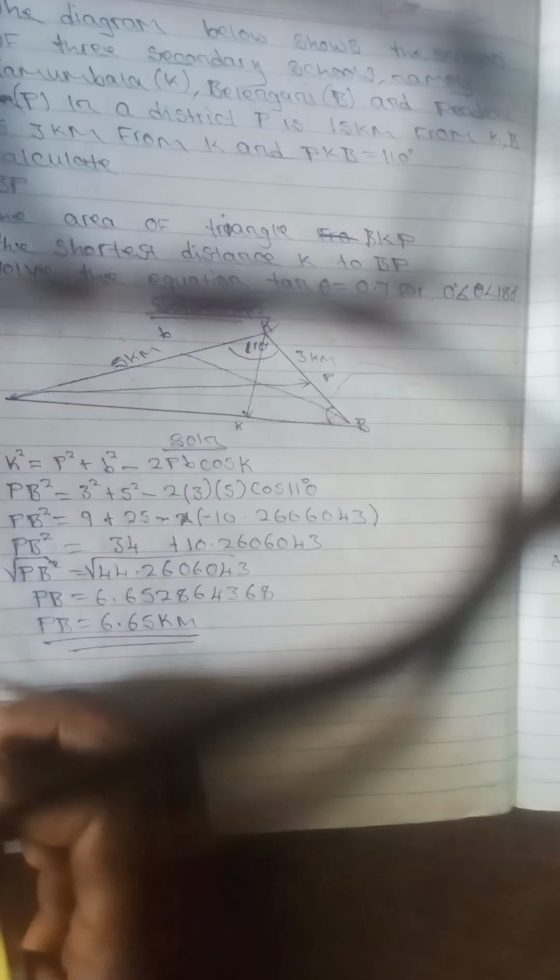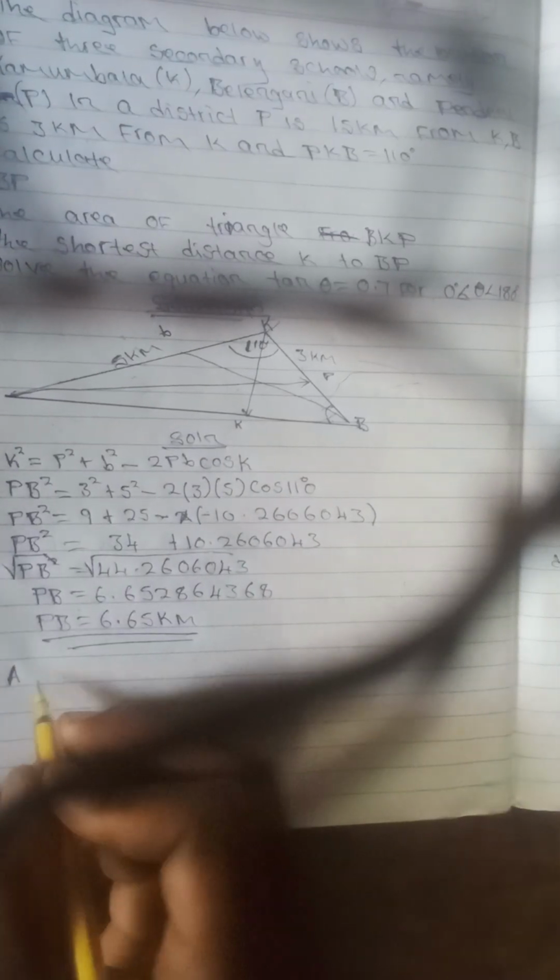Second question is saying the area of triangle BKP. So for area, the formula for finding the area is equal to, so we need to get an included angle. An included angle is included by the sides B and P. So we are going to get these two sides.